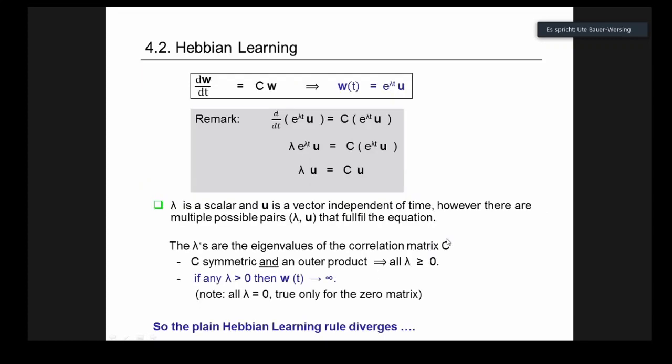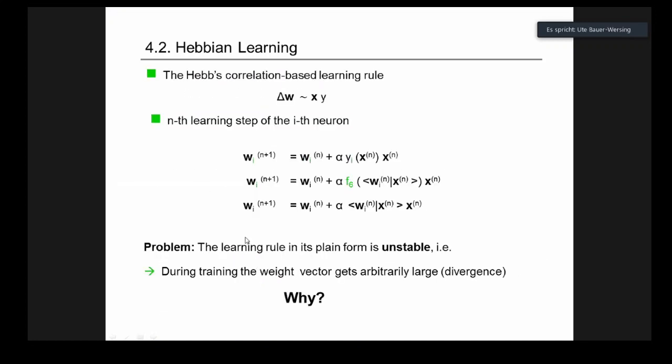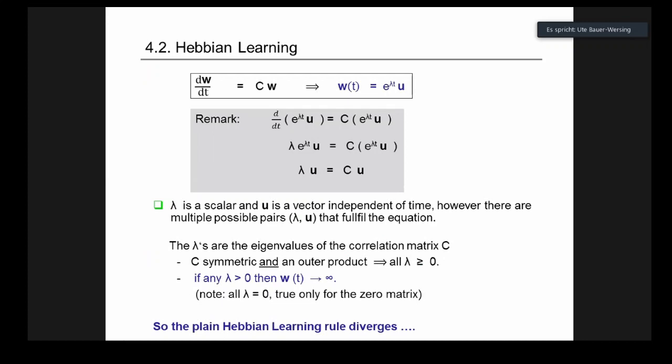As you can see, there's all kind of math involved in machine learning, and this is yet another example where you need math to understand what's going on. Having this naive learning rule, you can analyze that in its plain form, it's unstable, using a bit of math.